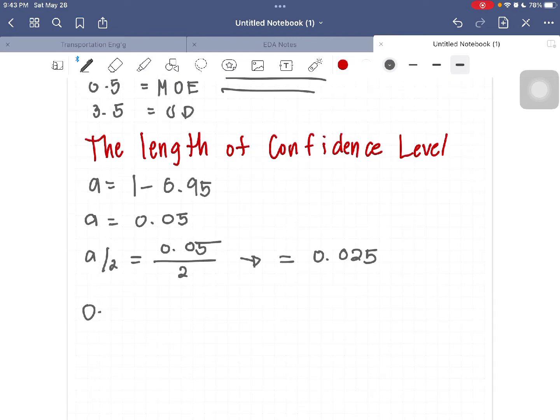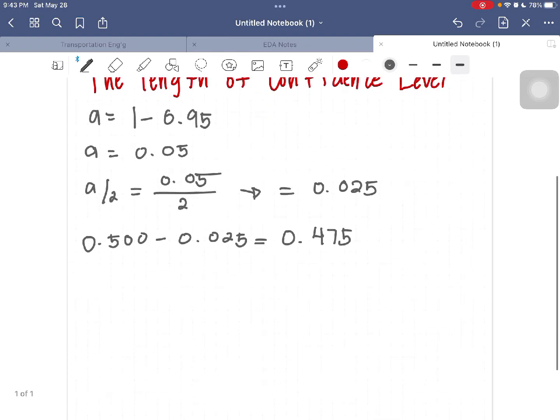So, 0.500 minus 0.025. Ang sagot niyan ay 0.475. So, using the standard normal curve table, hahanapin natin itong value na to doon. So, kapag nahanap niyo na, ang value niyan doon ay 1.96.